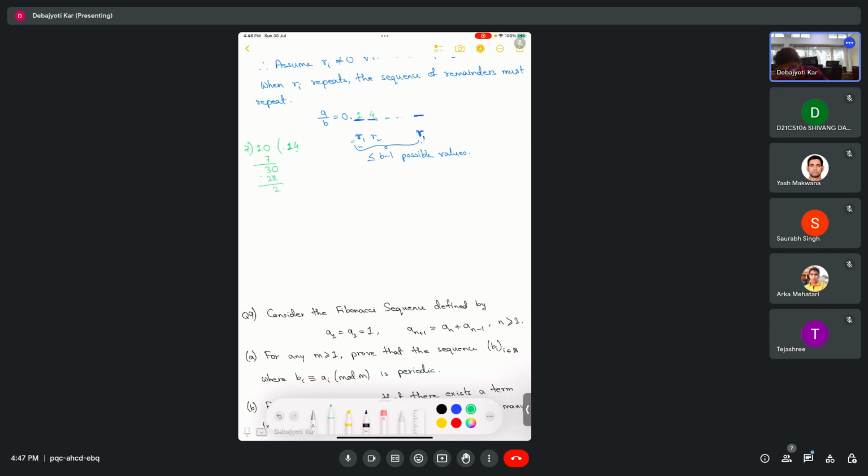So r1 is 3, r2 is equal to 2. Then here we have 2, and then r3 is equal to 6. So 8, and here we have 4.